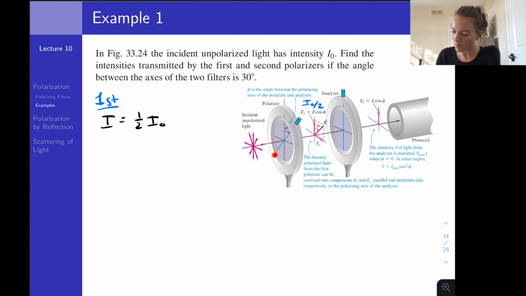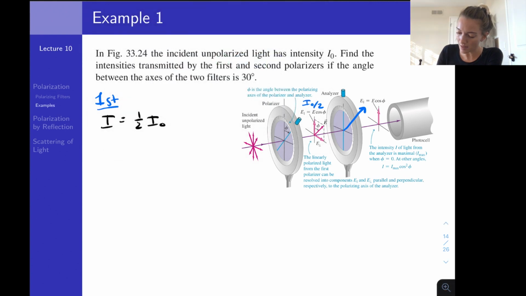But this light is now polarized at a 30-degree angle, right? Because it passed through this filter. So now the angle between the light that's about to pass through this polarizer is 30 degrees, because this one is polarized at 30, and this polarizer filter is at 0 degrees, so we have a difference of 30 degrees.